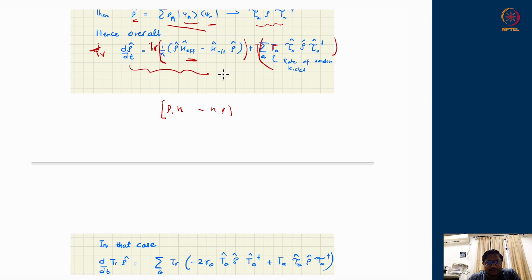But next there is an anti-Hermitian part, which is minus iota V, or non-Hermitian part, that does not gel in this way where you get a commutator. So that term will remain separated like this, and there will be two terms, one coming from rho iota V here, and the next term plus iota V times rho.